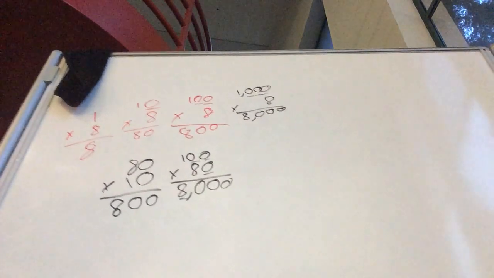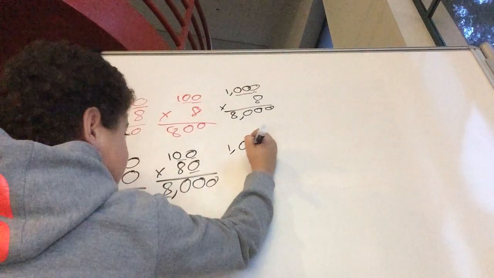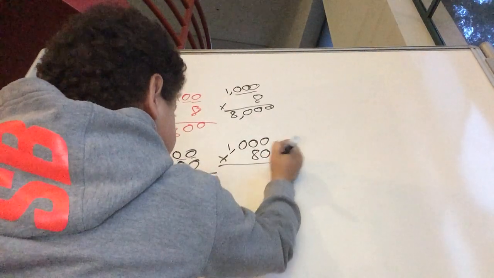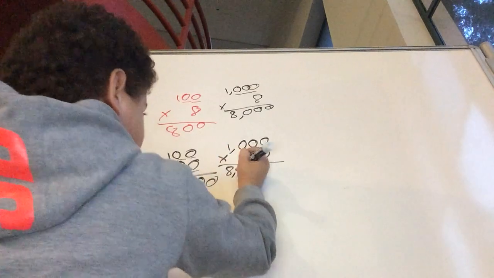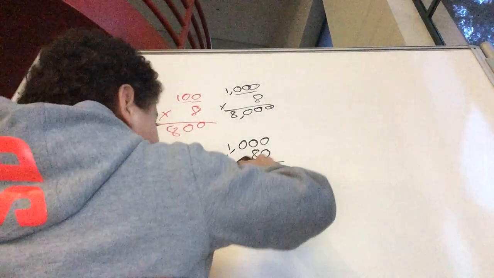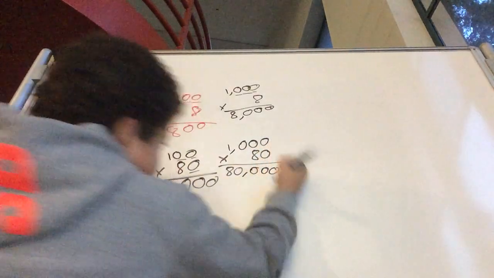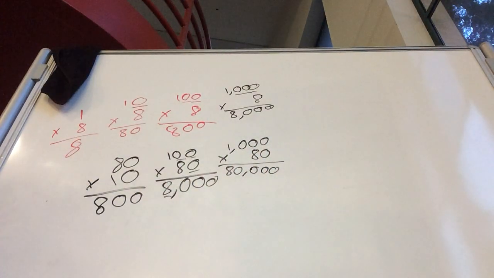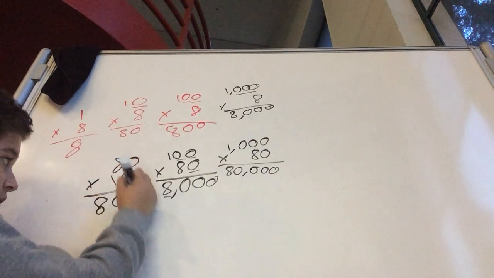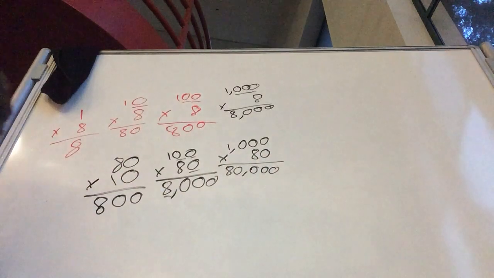Now we have to go a step further. 1,000 times 80. 8, because 1 times 8. Now, how many placeholders? 4. This gets you an answer of 80,000. Boom! Technique: put 80 down, only 1 zero. 80 down, 2 zeros. 80 down, 3 zeros.